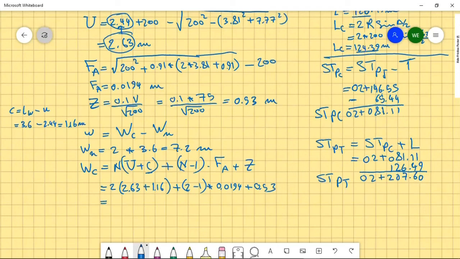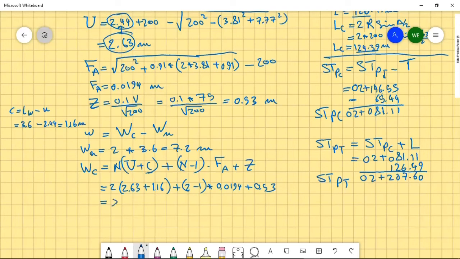So this will be 2.63 multiply 2, plus 1.16, plus 1 multiply 0.0194 plus 0.53.